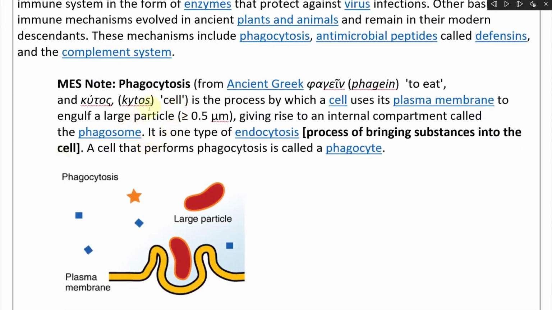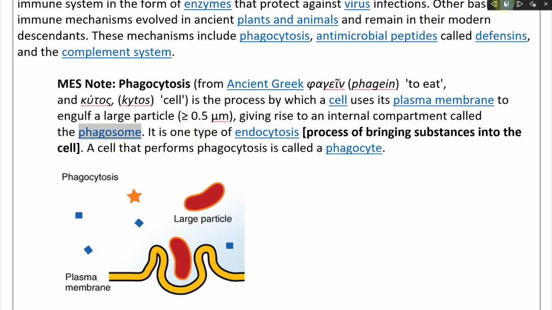And let's take a note here. So, just note, phagocytosis, from ancient Greek phagein, to eat, and kytos, cell, is a process by which a cell uses its plasma membrane to engulf a particle, which is greater than 0.5 micrometers, or which is a millionth of a meter, giving rise to an internal compartment called the phagosome.